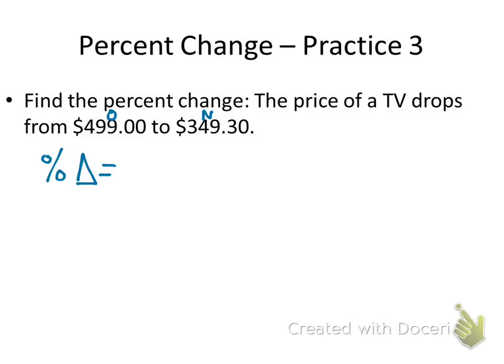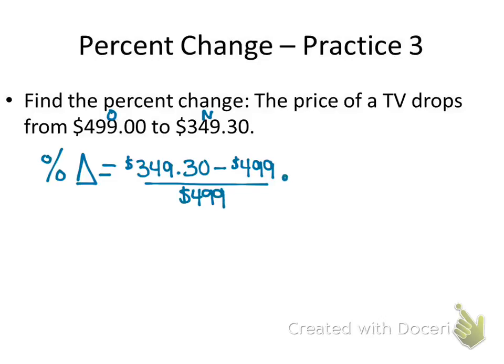Nico said our new number, which you identified for me, is $349.30, minus my old number, which was $499. I divide it by my old number, which is $499. I multiply it by 100.